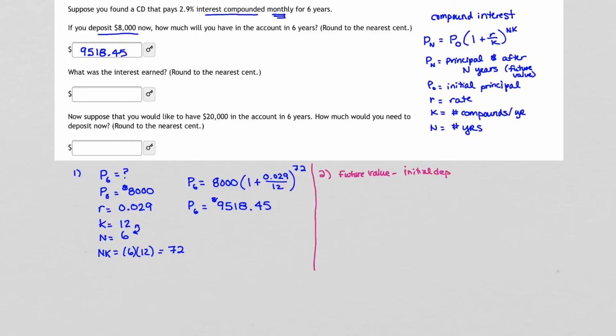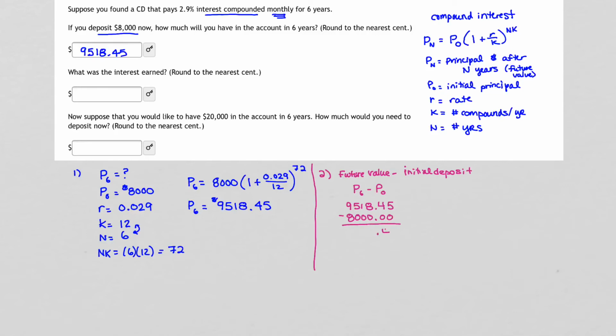Or using our symbols, we take P sub 6, the amount after 6 years, and subtract from it P sub 0. What is P sub 6? That's the amount we just found, which is $9,518.45. And we want to subtract from that our initial deposit of $8,000.